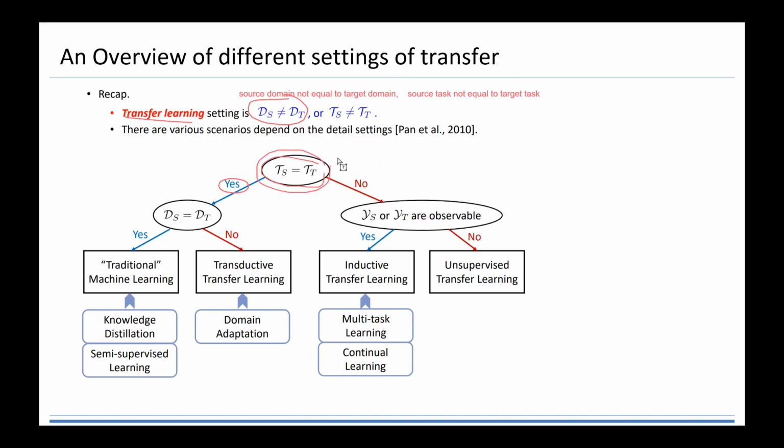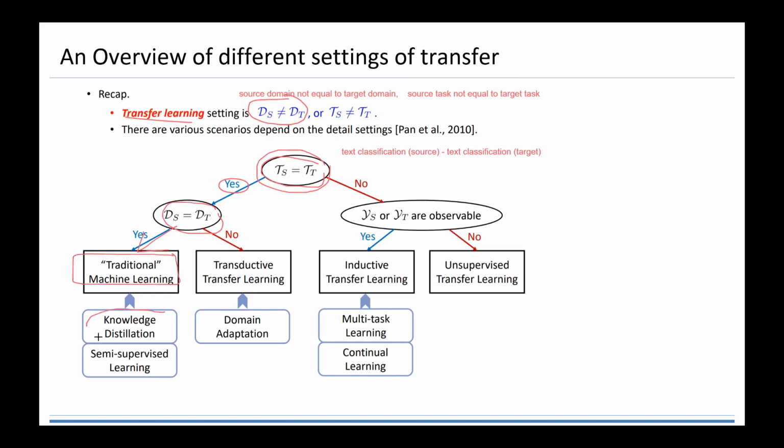What is the meaning of the task being the same? Let's say we have the same task, text classification in the source and text classification in the target. If they are the same, then we need to check whether the domain is the same or not. If it is the same, we can apply traditional machine learning.